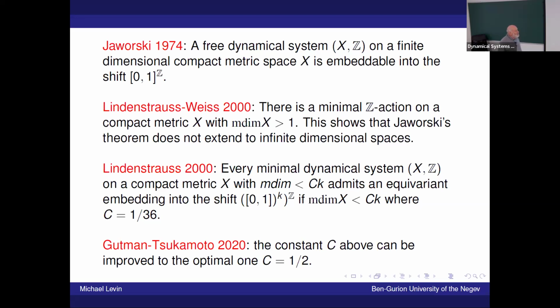Actually, Lindenstrauss's proof is slightly more general for his theorem. He looked at extensions of a non-trivial minimal system. But what is essential in his proof is that he introduced the so-called level function, a key tool for constructing the embedding, and it was later generalized by Gutman in the so-called marker property.